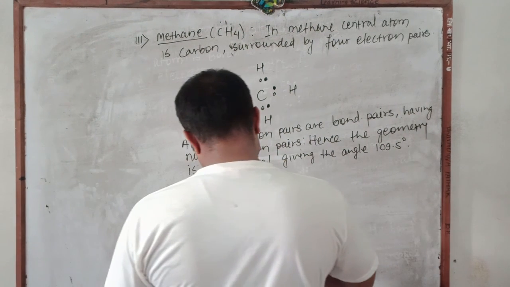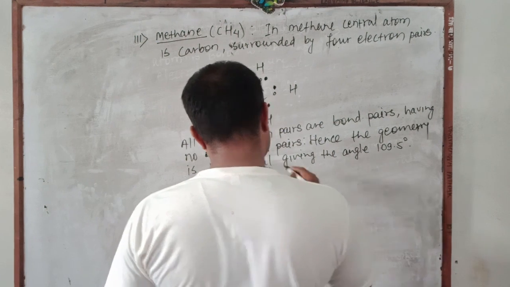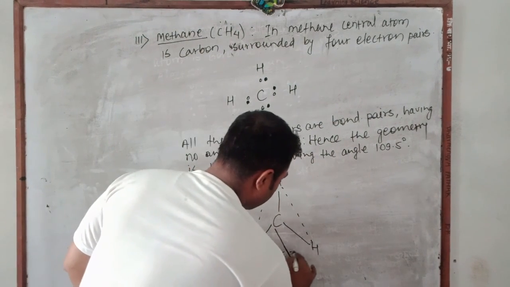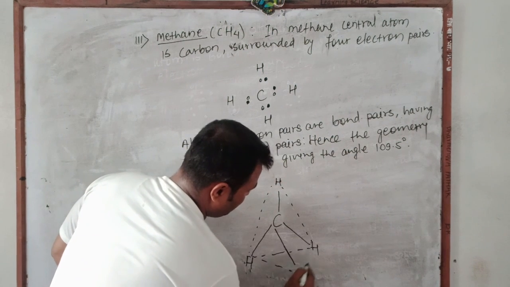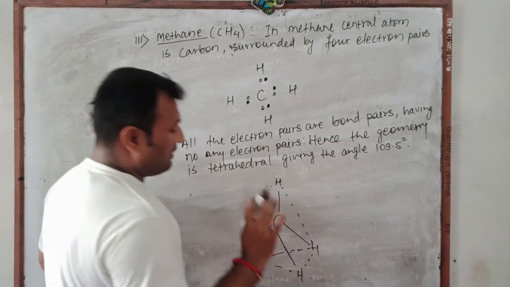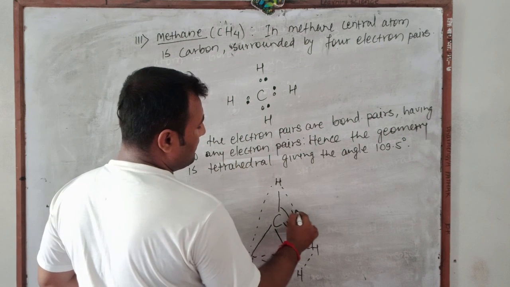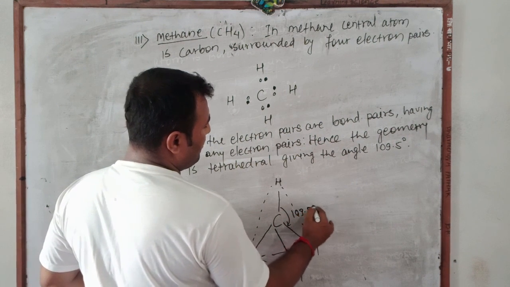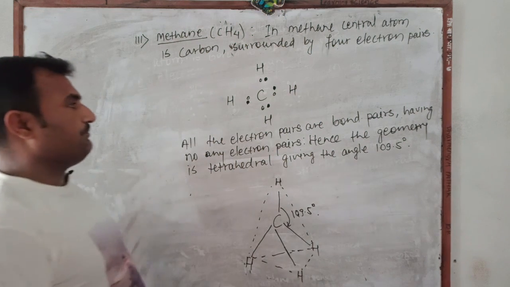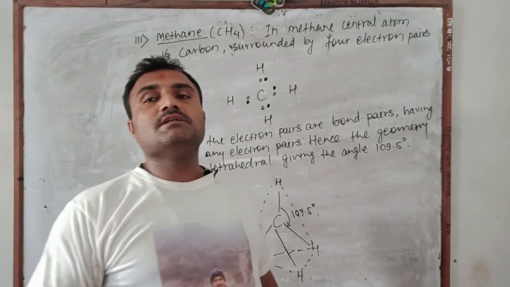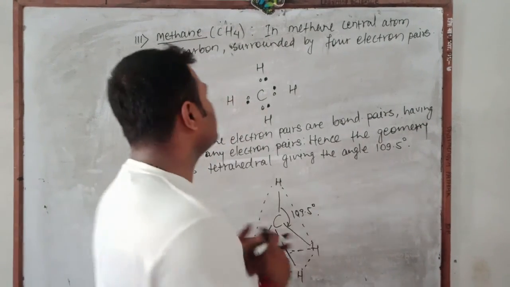We can show the tetrahedral shape as if a hydrogen goes to the opposite side, and each angle will be 109.5 degree. In this way, VSEPR theory explains the geometry or shape of methane.